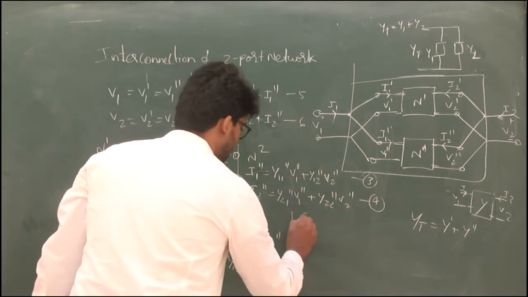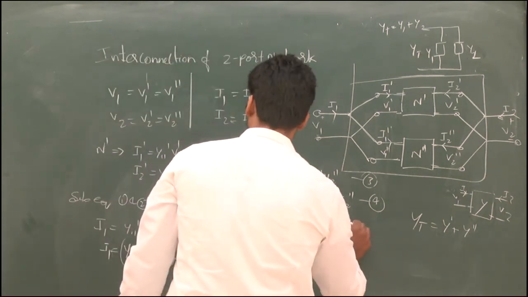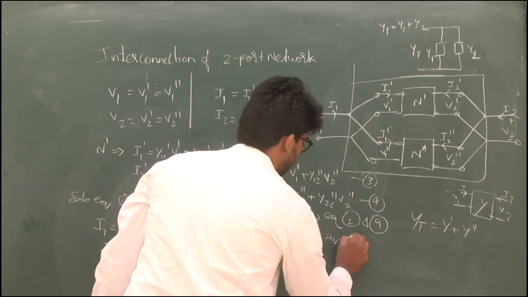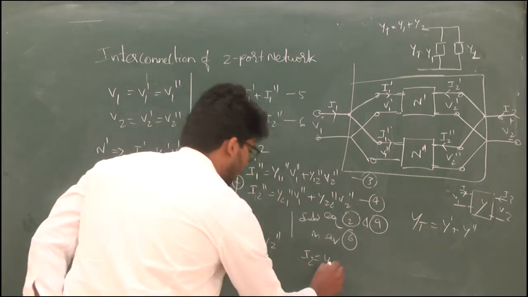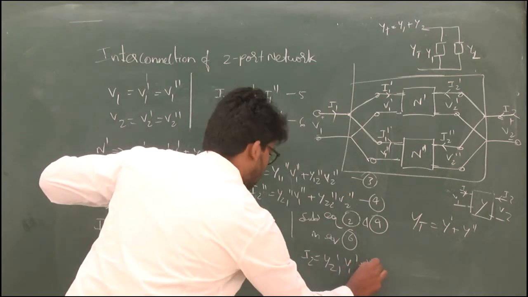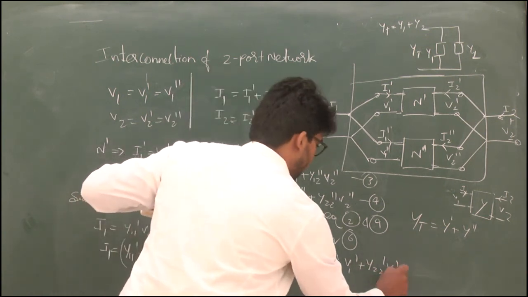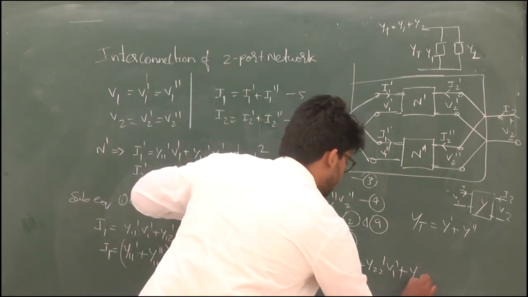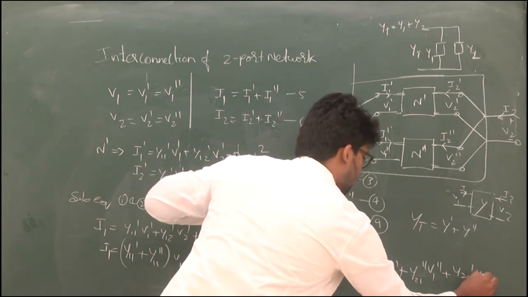And again, substitute equations 2 and 4 in equation 6. You will be getting I2 equal to Y21 dash V1 dash plus Y22 dash V2 dash plus, from equation 4, Y21 double dash V1 double dash plus Y22 double dash V2 double dash.